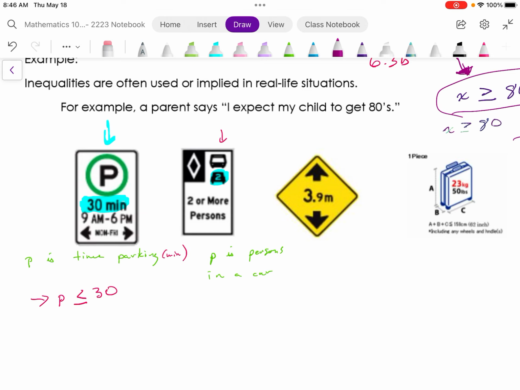And it's often used in big cities. People with multiple people in the car get to drive in this priority lane, get to drive much faster, and encounter less traffic. So what they're trying to do is induce more people per car. Great point. If P is the persons in the car, when I take a look at this sign, I believe what they're saying is P has to be greater than or equal to 2.